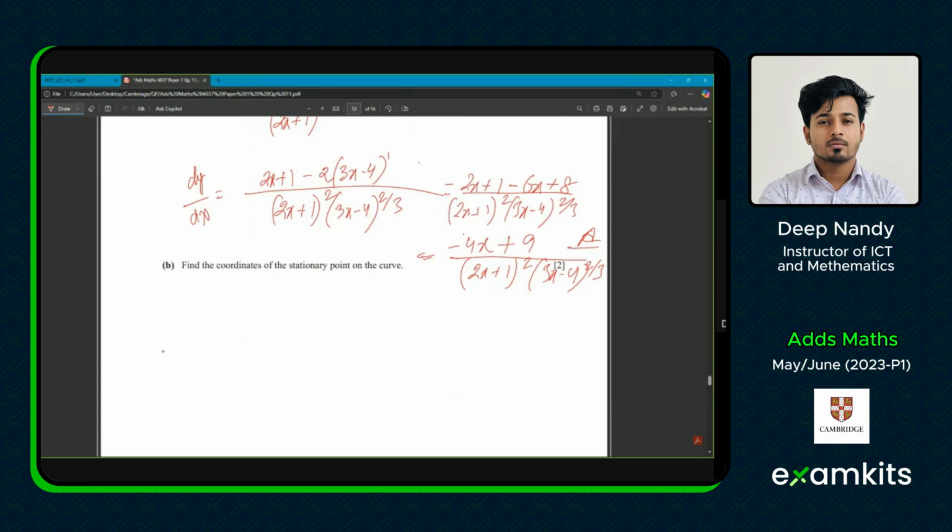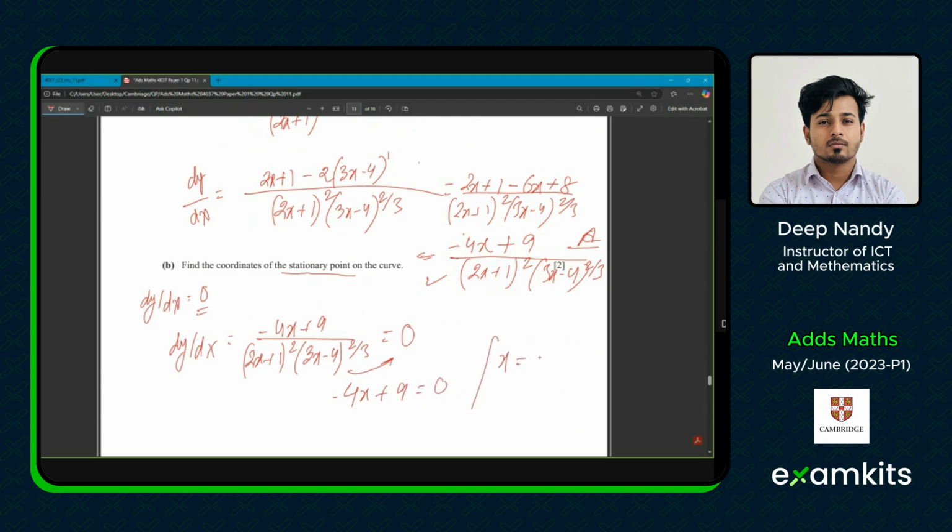Now, in the B section, we have to find the coordinates of the stationary point of the curve. At a stationary point, we know dy by dx equals to 0. So dy by dx is equivalent to minus 4x plus 9 divided by 2x plus 1 whole square, 3x minus 4 to the power 2 by 3. Assuming dy by dx equals to 0, we are left with minus 4x plus 9 equals to 0, x equals to minus 9 by minus 4, x equals to 9 by 4.